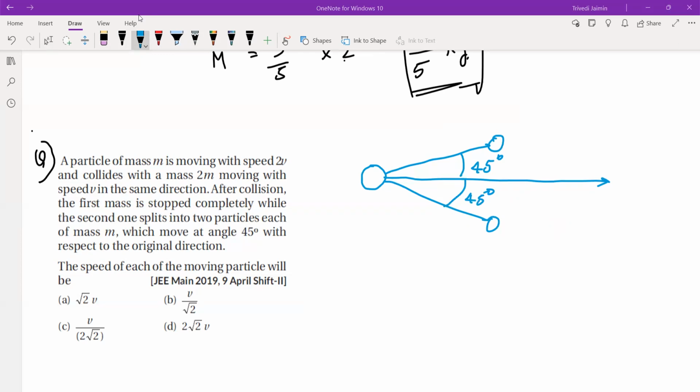And on the initial condition, we'll see there is m1 into v. Finally, it became 0.